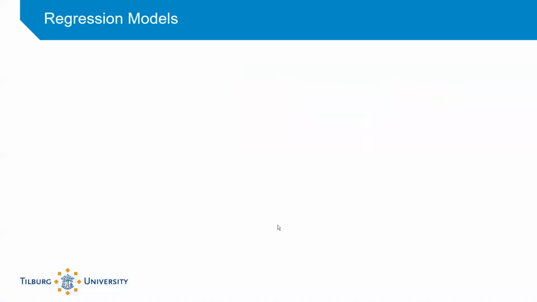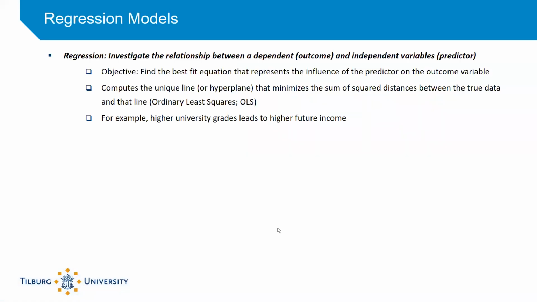So regression deals with, here we try to investigate the relationship between the dependent variable, which is the outcome, and the independent variable, which is a predictor, by trying to fit a mathematical equation that clearly relates the independent variable with the dependent variable.